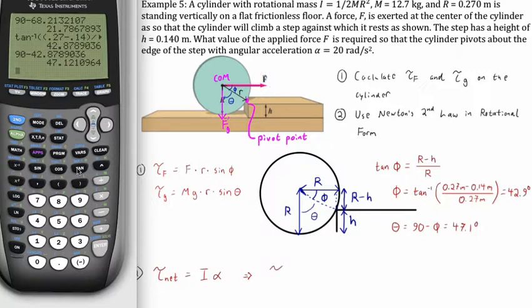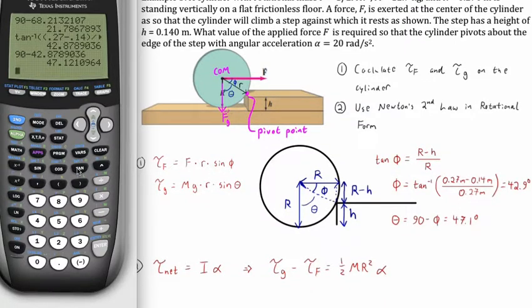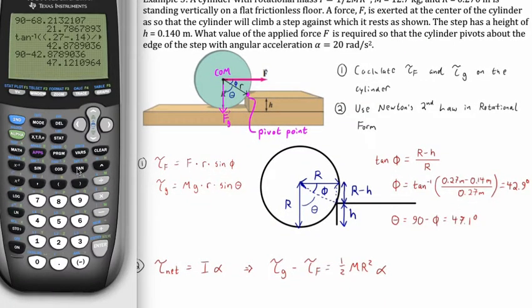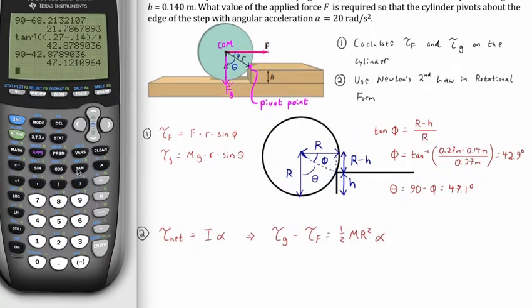So it's going to be tau g minus tau f equals I alpha, where I put in what we know, which is 1/2 mr squared for I. We do have a known value of alpha, but we'll leave it like that for now. Then we're nearly there, because we want to solve for that F. So let's plug in what we have.